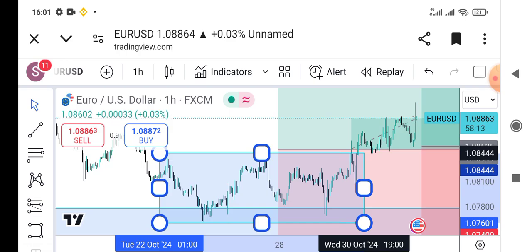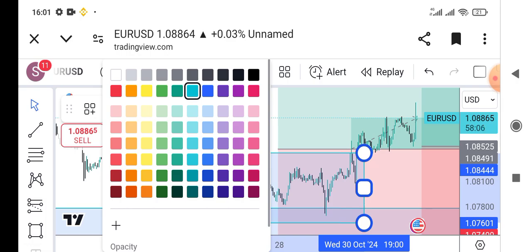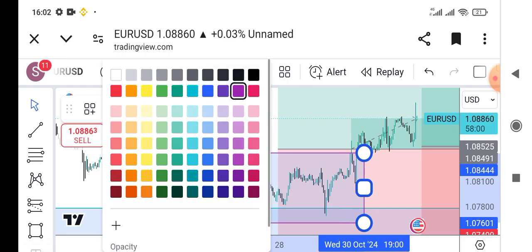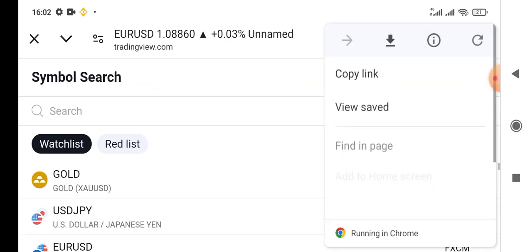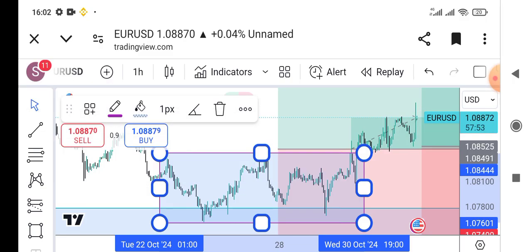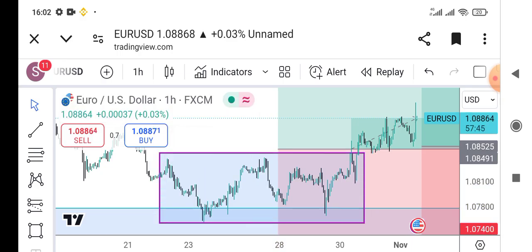So you see, let me give it a different color now. Different color, different weight.